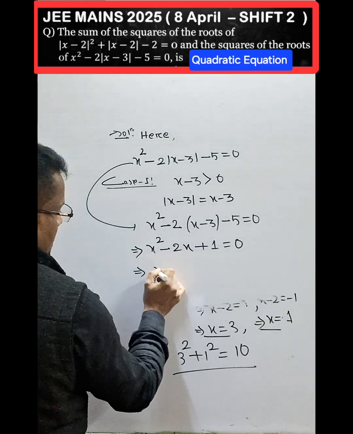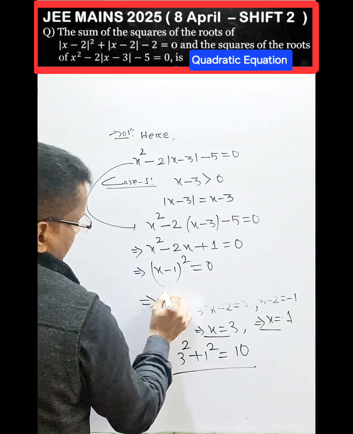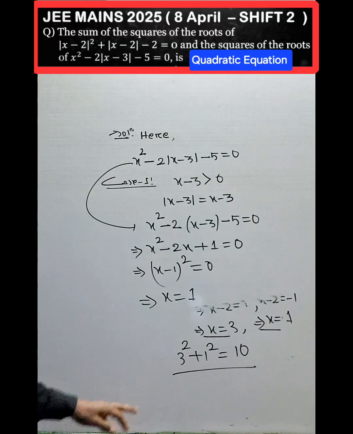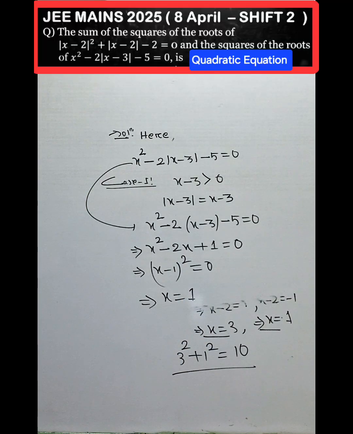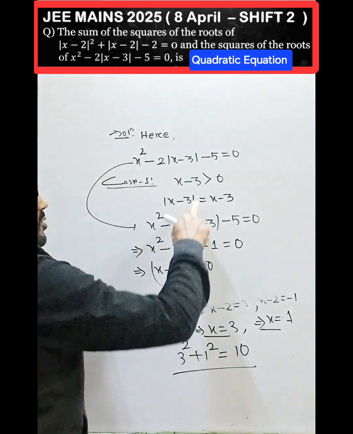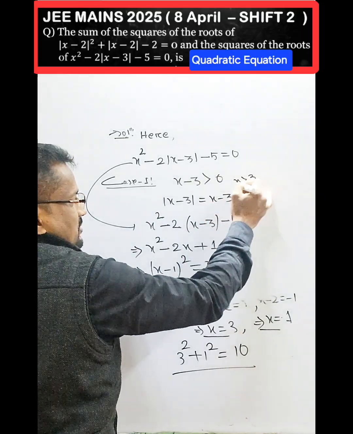It is nothing but (x minus 1) whole square equal to 0, and from here you will get x equal to 1. Now you see, x equal to 1, is it acceptable? You are saying x minus 3 greater than 0, so it means x is greater than 3.